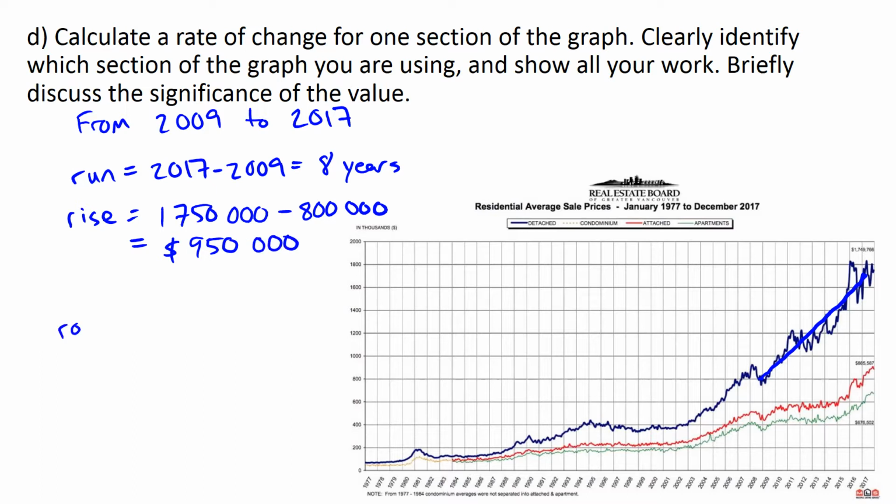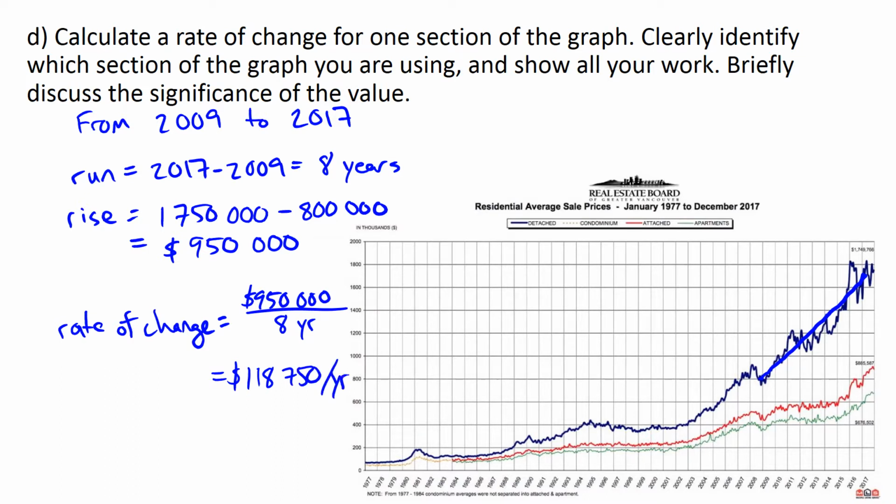And so my rate of change is going to be equal to the rise over the run, or 950,000 divided by 8 years. That's a total of $118,750 per year. So that's the rate of increase of average house prices over that 8-year stretch.